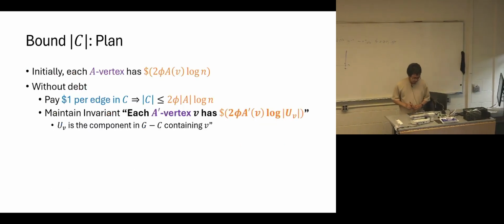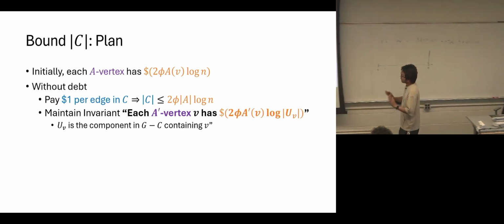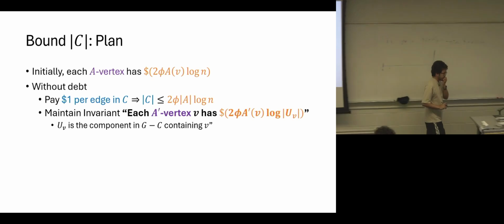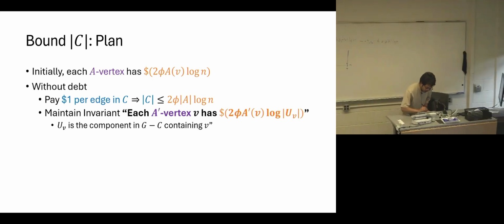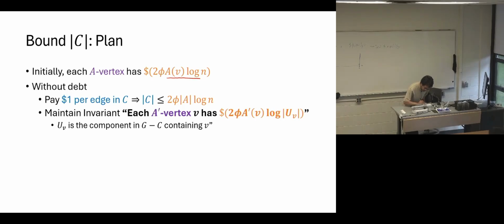And here's the plan. The plan is going to be quite similar. You just give some initial money to each node again, this much. Now I have a factor of 2, but it doesn't matter too much.